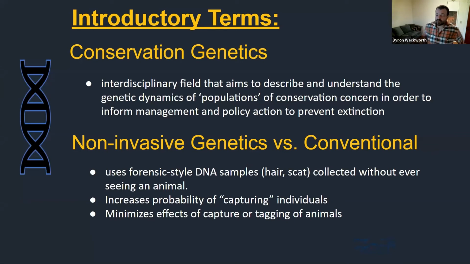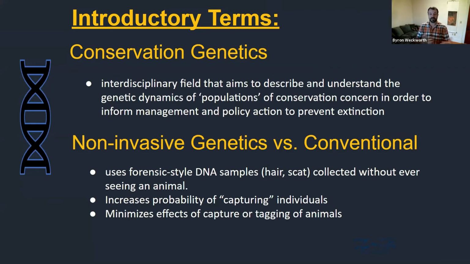Some introductory terms, just so we can all kind of maybe start on the same premise. If you were to do a search for define conservation genetics, you're going to find vastly different, slightly, not completely different, but a large variety in wording for what are conservation genetics. So in the context, for me, and if you were to ask Imogene or Charlotte or Jan, they're going to probably state this slightly differently.